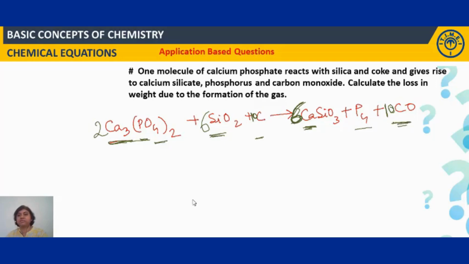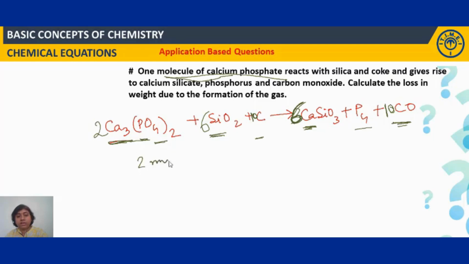So this is gas. So you can see from the balanced reaction that 2 molecules of calcium phosphate gives rise to 10 molecules of carbon monoxide. But here the question is, 1 molecule of calcium phosphate reacts with silica and coke. 1 molecule of calcium phosphate.